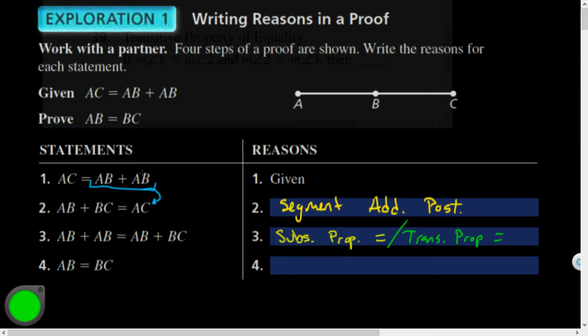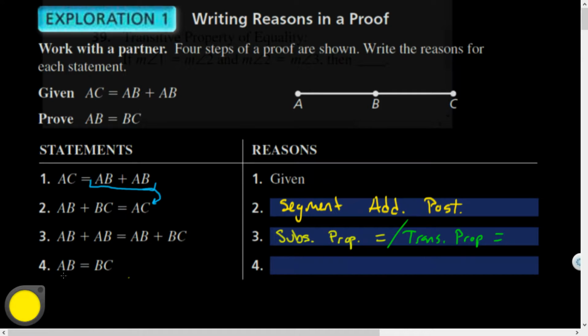The reason transitive would have worked is because if AB plus AB is equal to AC, and if AC is equal to this, then this guy and this guy must also be equal, which is what I see in statement 3. By the way, transitive property really is just a particular case of the substitution property of equality. So either of those reasons would have been sufficient right there.